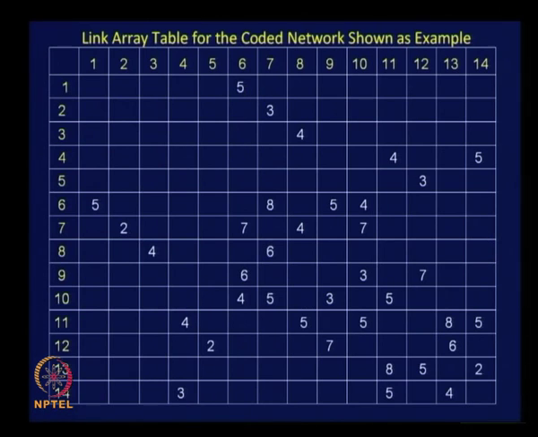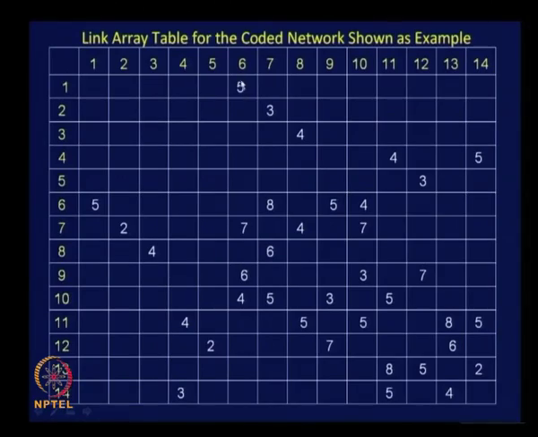So when you have a number, the first inference is that there is a connection between the nodes 1 and 6. There is a link named 1 6 or 6 1. There is a link connecting 1 and 6, that is the first inference. Second inference is this number actually means the link travel impedance.